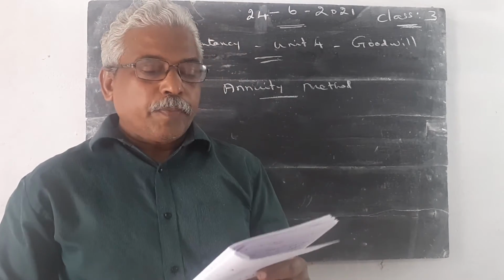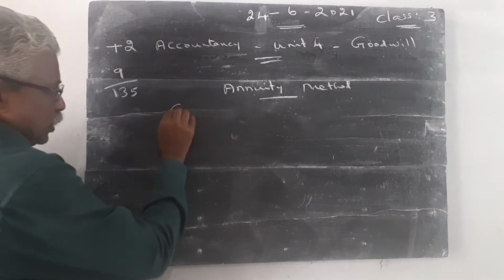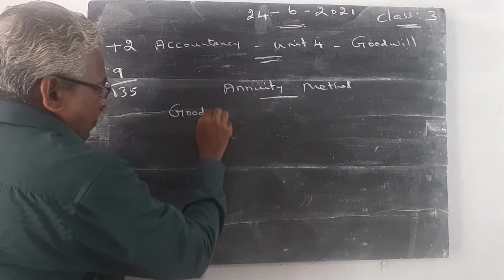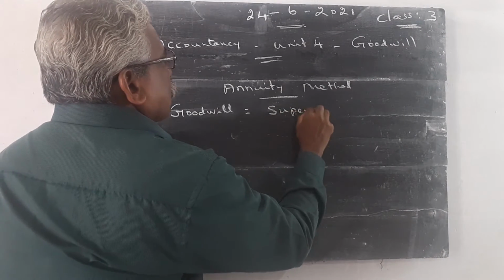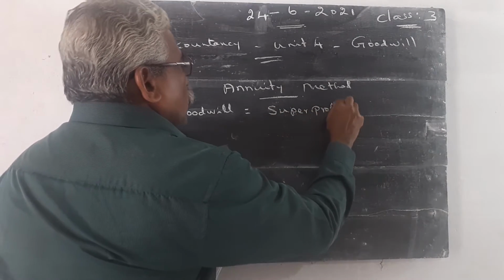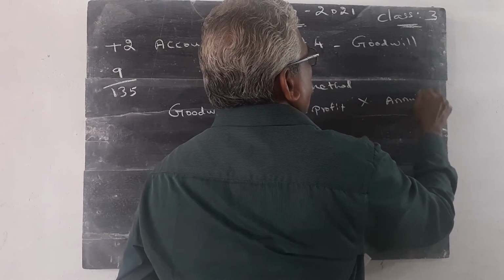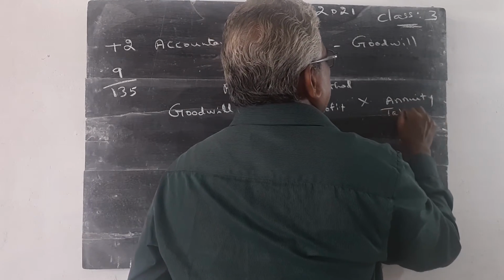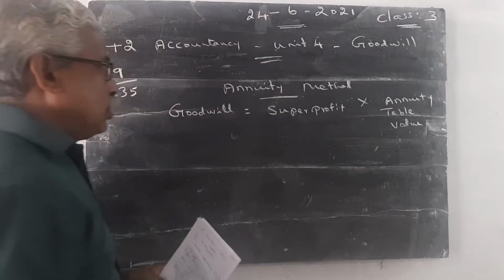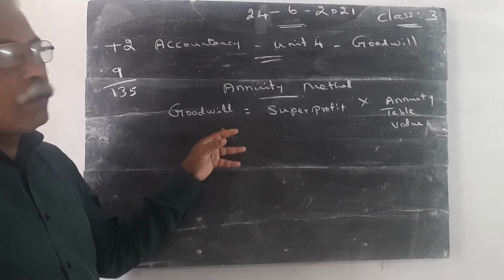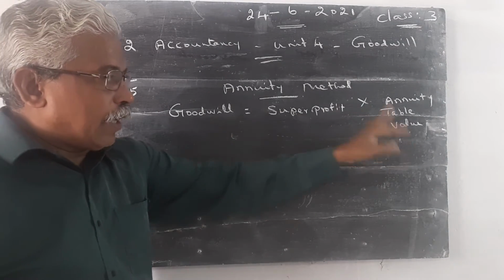We all know the procedure: first we write the formula. Goodwill is equal to super profit into annuity table value.